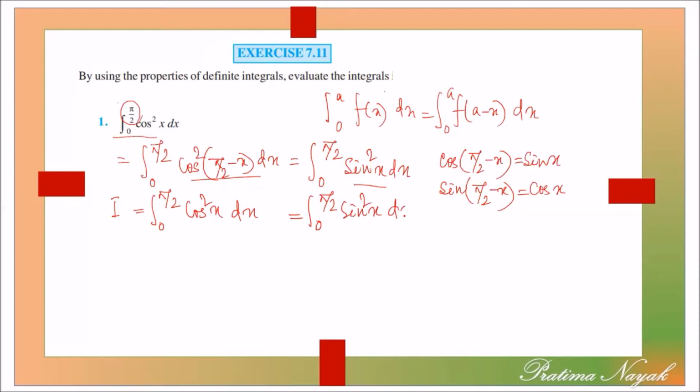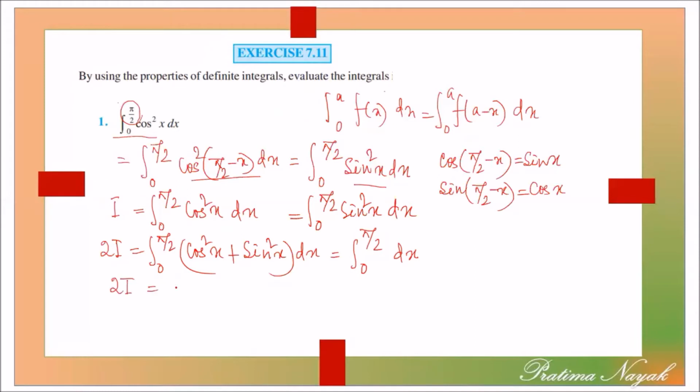I'll add them. So when I'll add, I'll get twice I is equal to how much? It will be 0 to pi by 2 cos square x plus sin square x. How much it is? It is 1. Sin square x plus cos square x is 1. So 0 to pi by 2, 1 dx. So what is the integration of dx? It is the x. You know it.